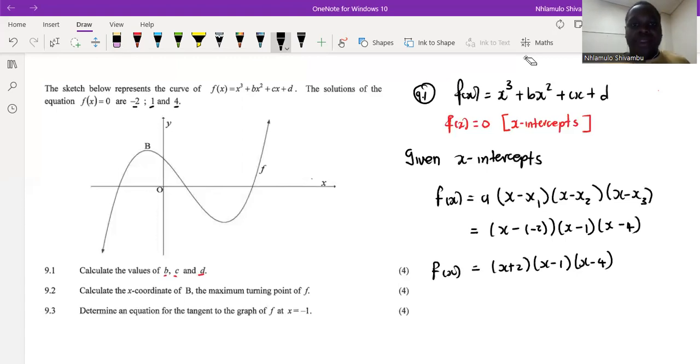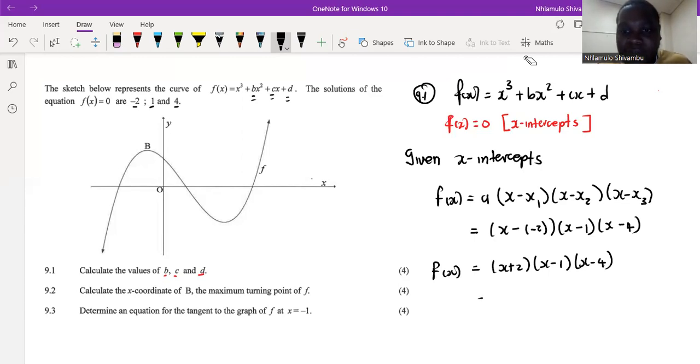Remember, our main goal now is to get the values of b, c, and d. If we look at this function, it's a complete equation, but it is not written in standard form. So for us to get the values of b, c, and d, we write this equation in standard form by simplifying it.